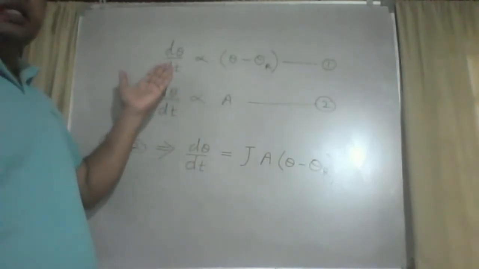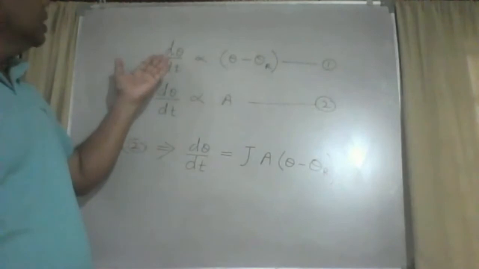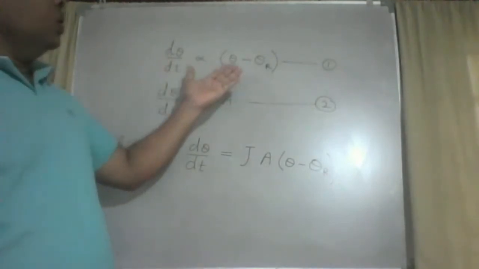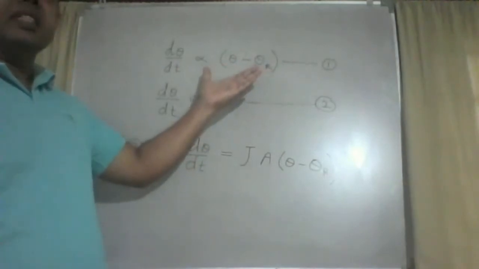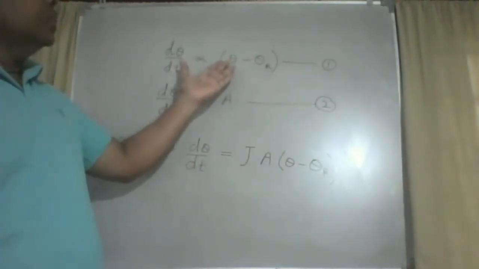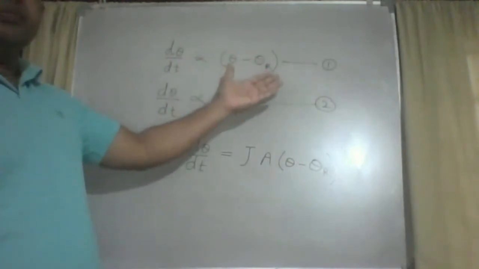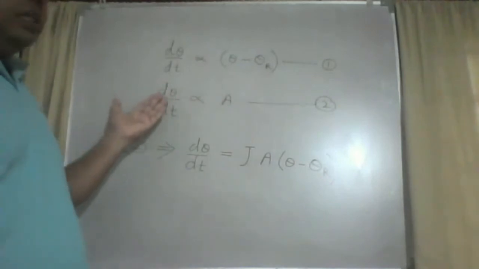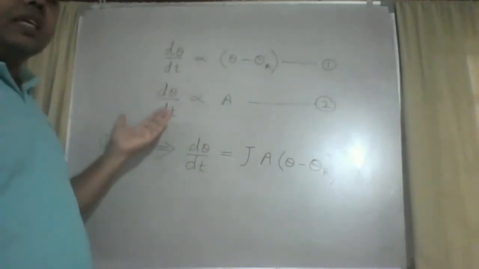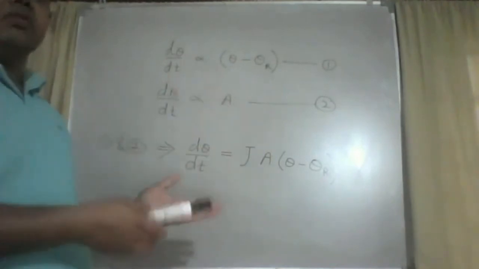Here, the rate of cooling d theta by dt is proportional to the temperature difference between the object and surrounding. Theta is the object temperature, theta r is the room temperature. Again, the same law states that cooling rate is proportional to the surface area of the object.